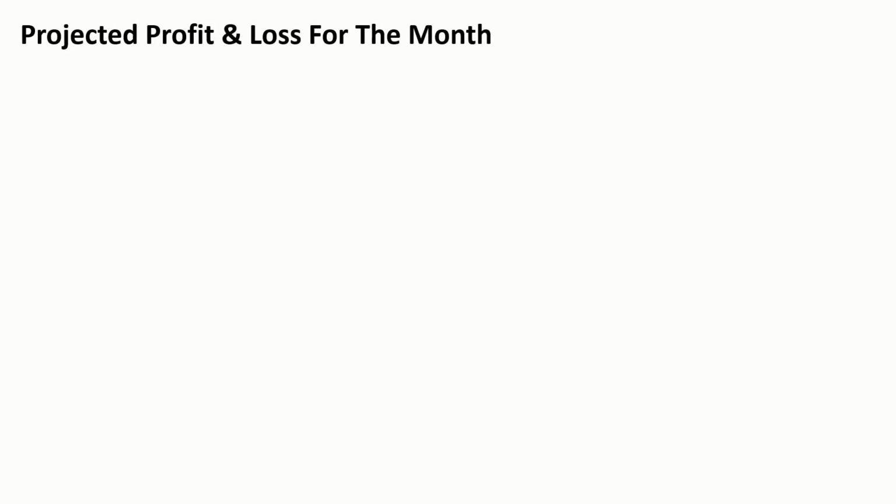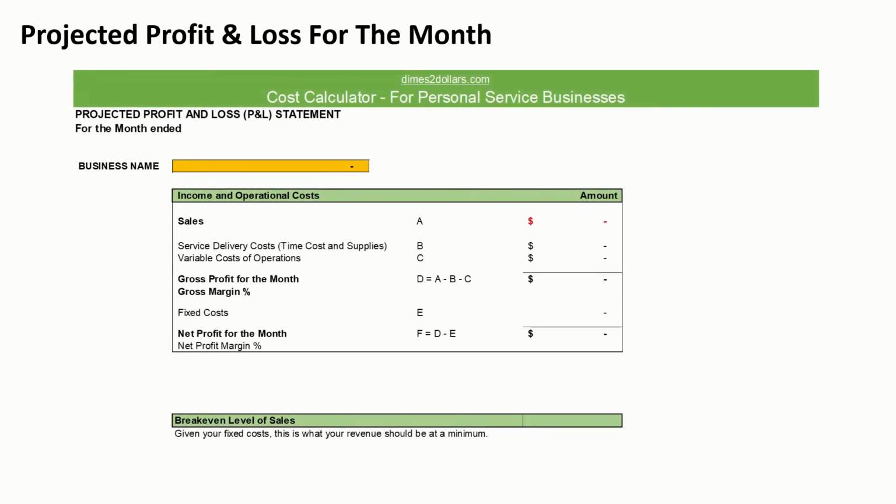So this next tab is going to bring it all together for you. This is your projected profit and loss for the month. Basically, the results of all of that activity that you think you're going to have in the business. It calculates net profit by taking sales and deducting from there your service delivery costs, your variable costs, and your fixed costs.